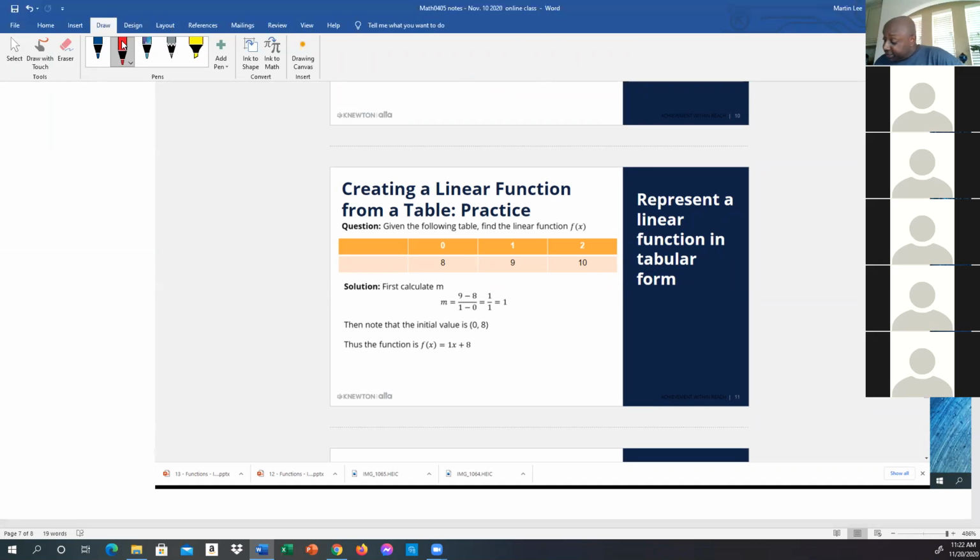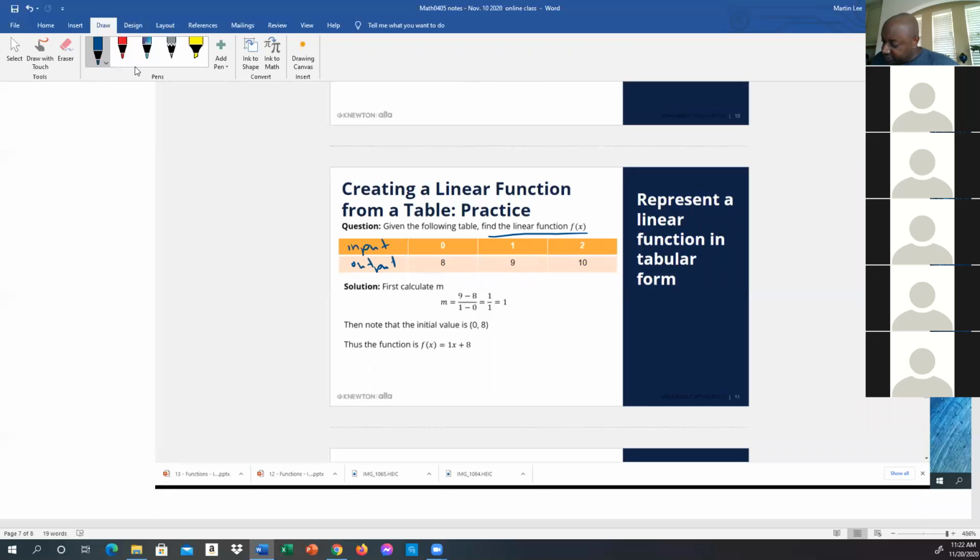Okay, so for this problem, they give us a table of input values and output values. And they want us to find the linear function f of x.